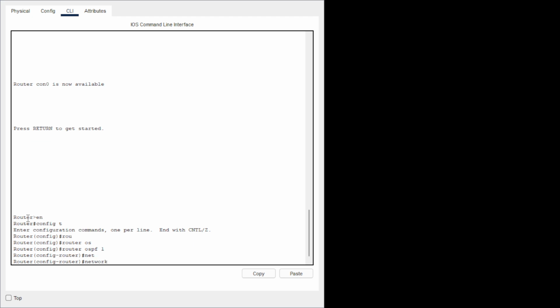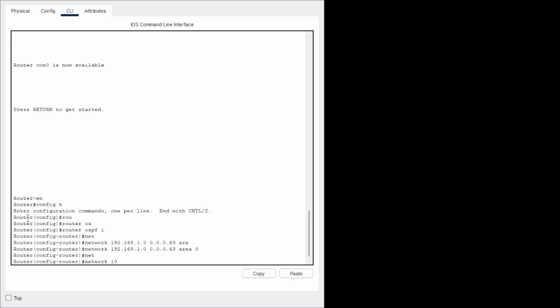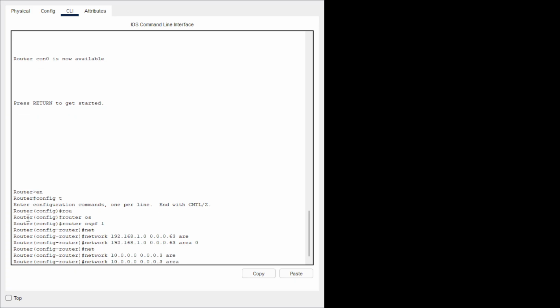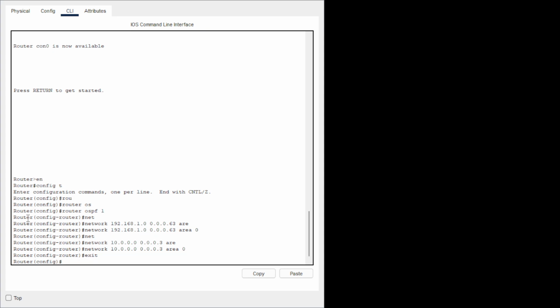One network is 192.168.1.0 with wildcard mask 0.0.0.63 in area 0. The second network is 10.0.0.0 with wildcard mask 0.0.0.3 area 0. Exit.